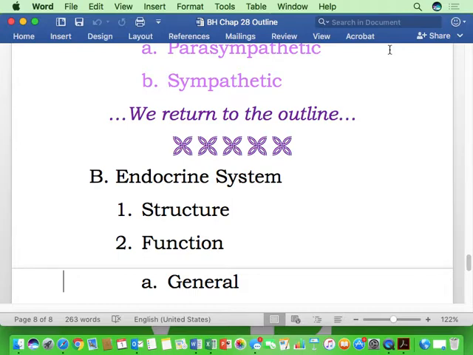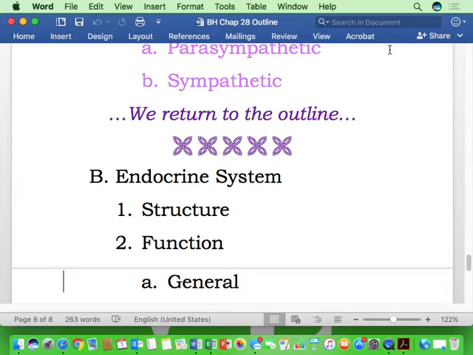And when we think about hormones, usually what we think of are the sex hormones, things like estrogen and testosterone, or we think of people going through puberty and their hormone levels are changing.